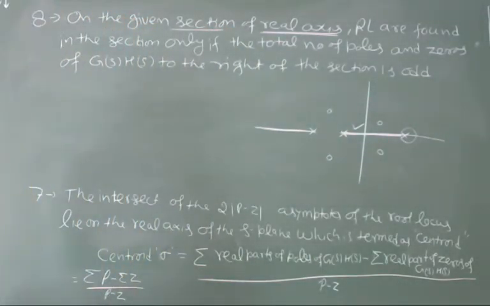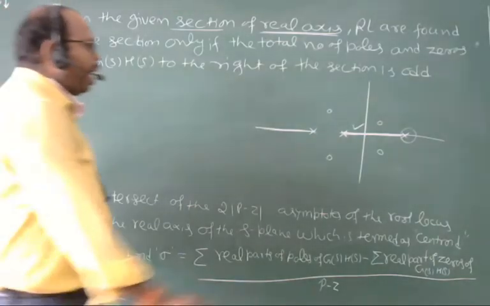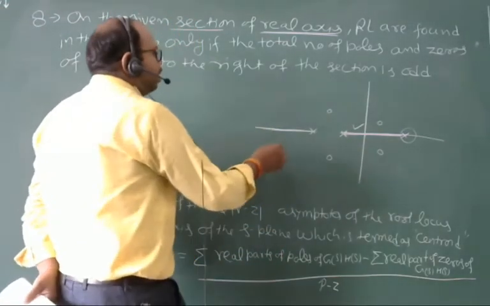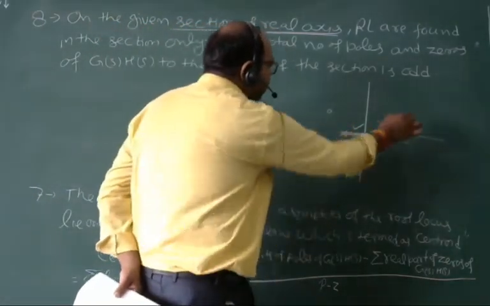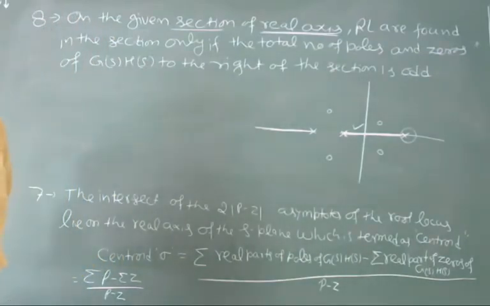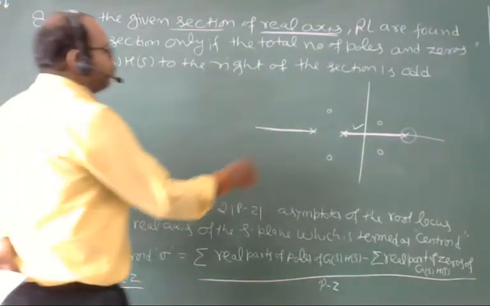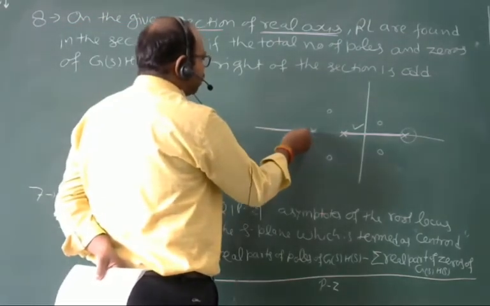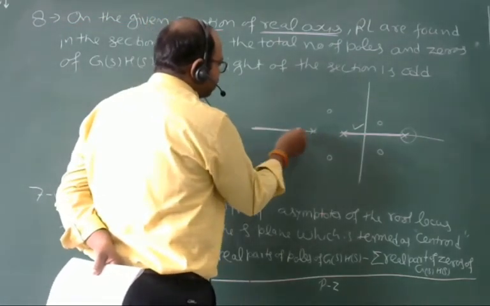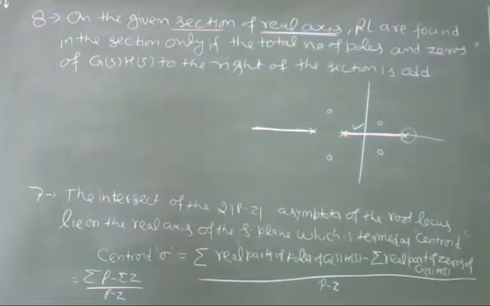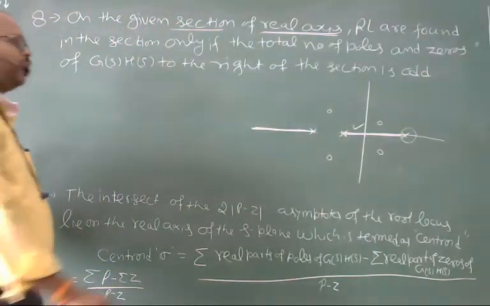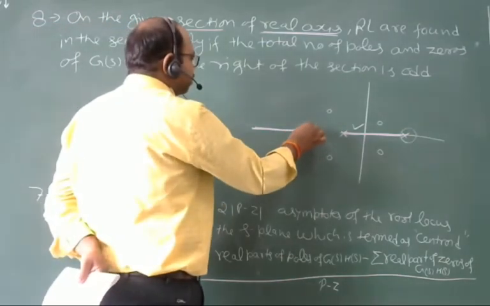And in this section there are 1, 2, 3, 4, 5, 6, 7, again an odd number of roots in the right of this section. Therefore, root locus will exist in this section also.